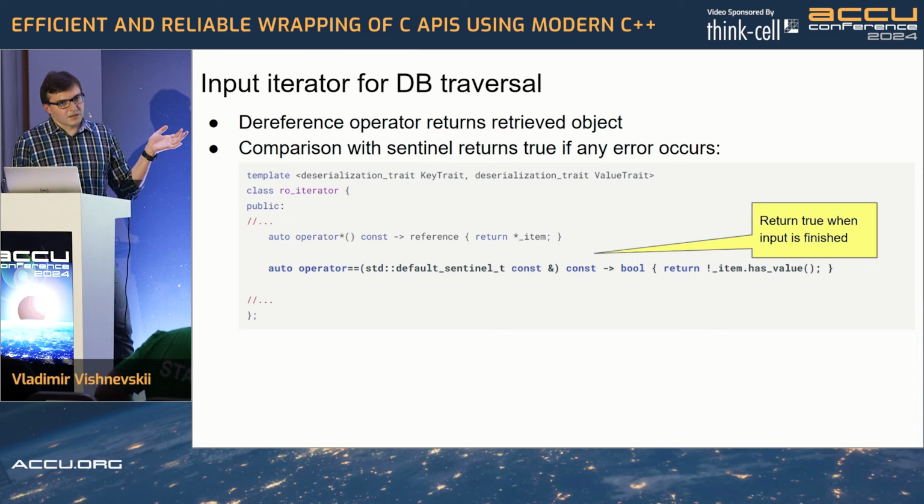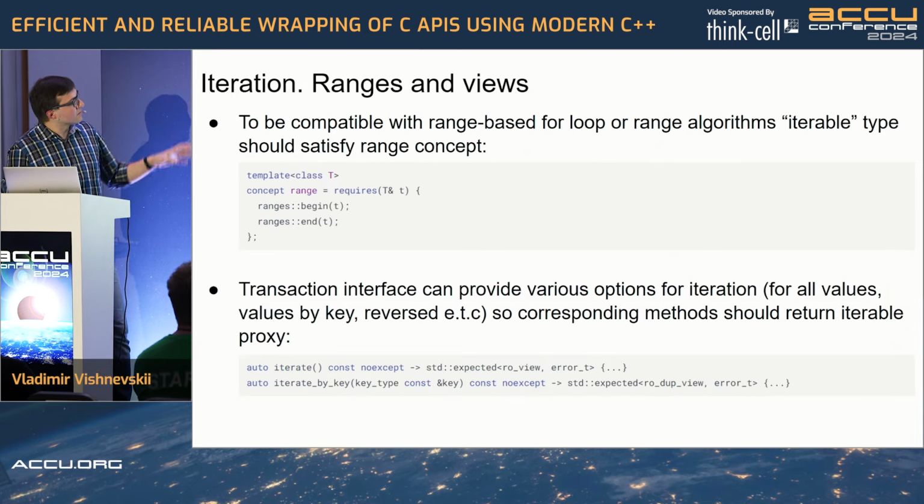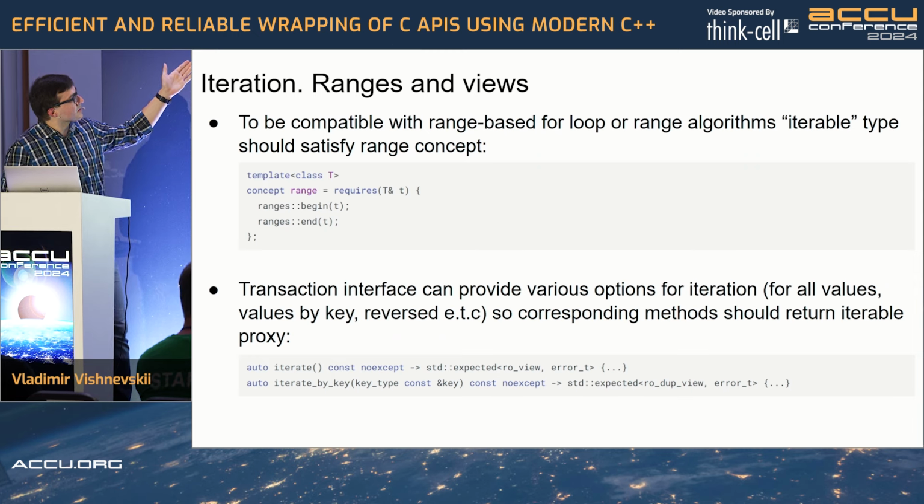If we have an iterator, we can also move forward towards a range. The concept of the range is displayed here. We need to be able to call begin and end on some type.